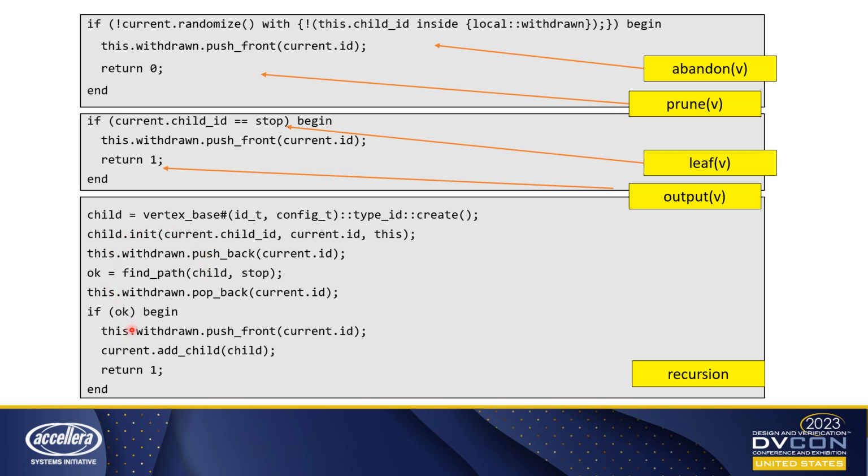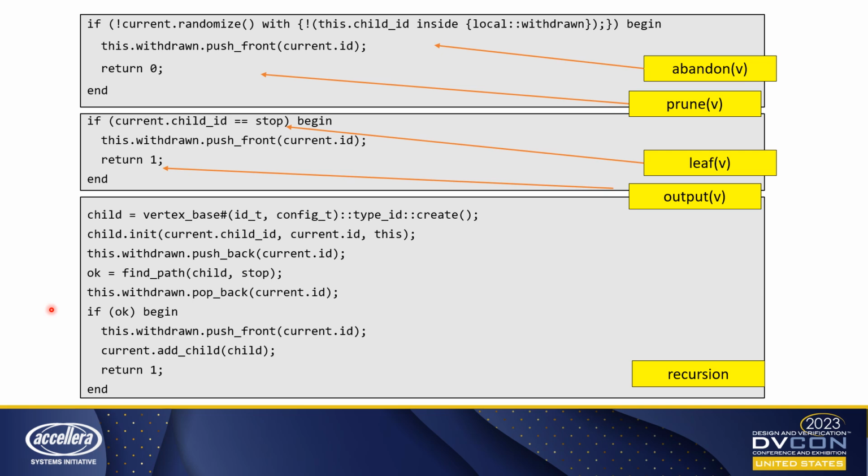If not a leaf cell, we proceed to recursively call the find function on the randomized children for the current vertex. We do it by allocating the object, we initialize it with the respective IDs, then we tentatively add the current vertex to the withdrawn queue. That is because we shall not use it in the further explorations of this recursive path. We capture the return value of the find function and pop back the current vertex from the withdrawn queue.